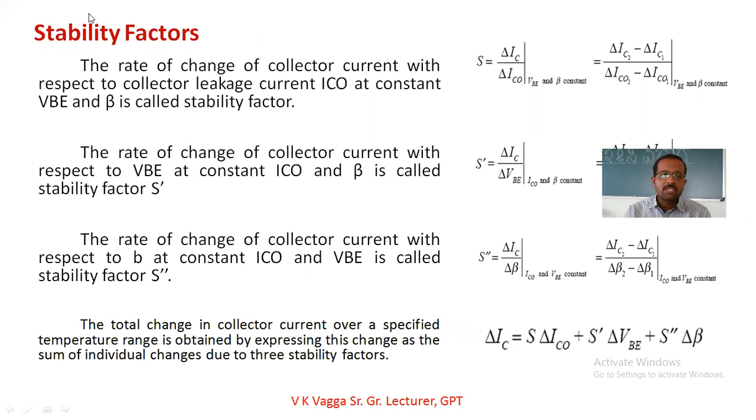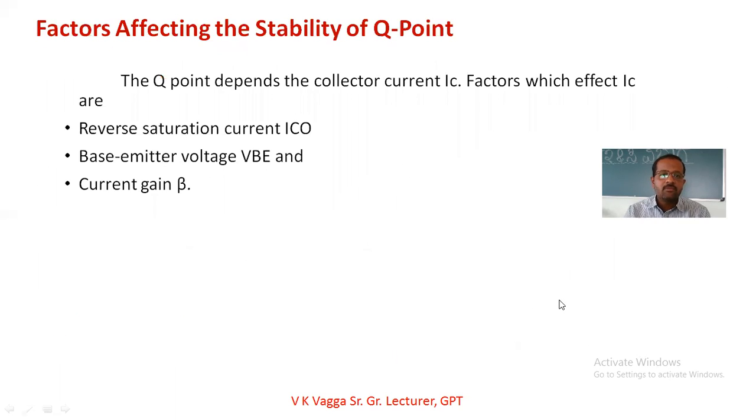The stability factor depends on the ICO, VBE, and beta, and it is represented with the respective formulas. The factors affecting the stability of the Q point are the ICO, VBE, and beta.